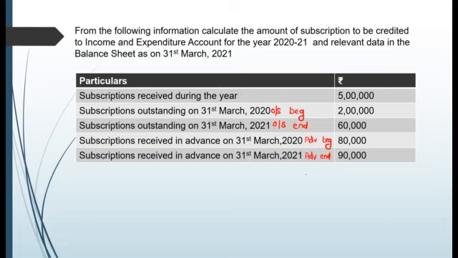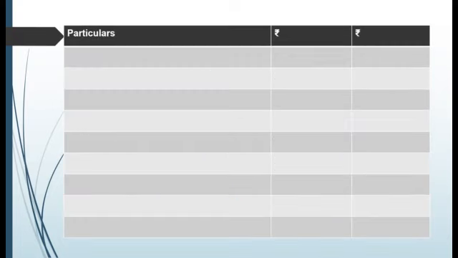Now using this detail, it is very simple. If you use a statement method, you start with the subscription received, add and subtract the respective amounts, and you get the subscription income here. So let's start. Prepare the format to compute the subscription income of the year.